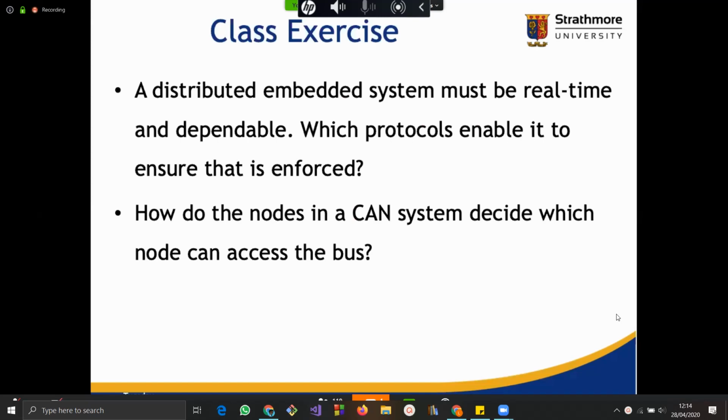So look at the three layers and the protocols I've mentioned. Some will require you to go deeper into a particular protocol so that you understand exactly how it works. For example, carrier sense multiple access with collision detection, you need to understand exactly how it works and so forth.